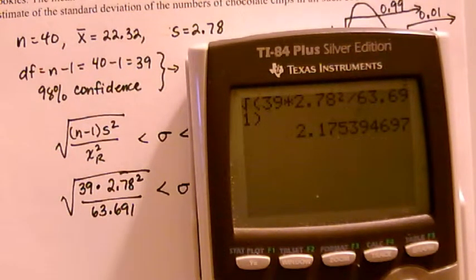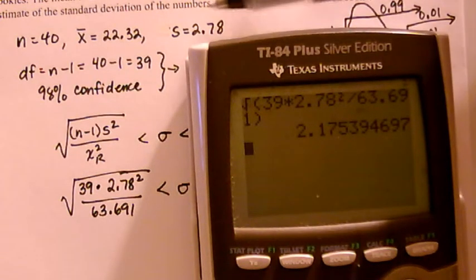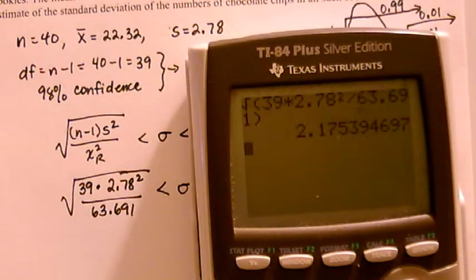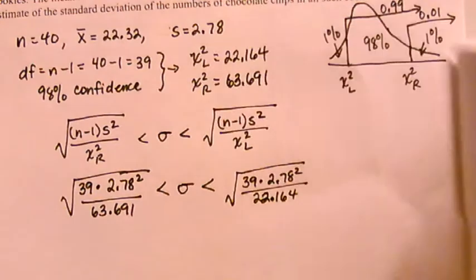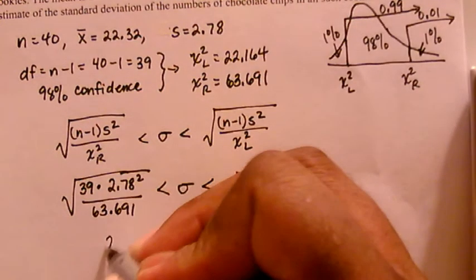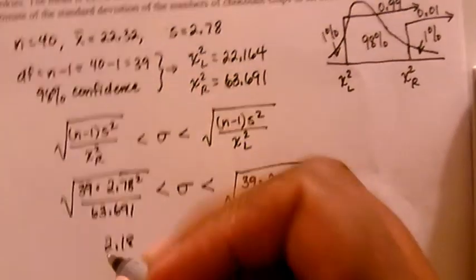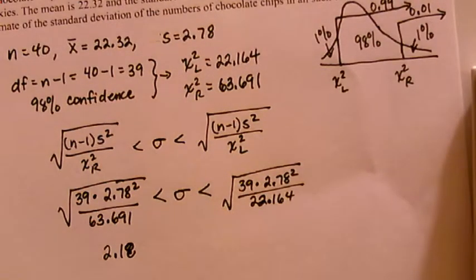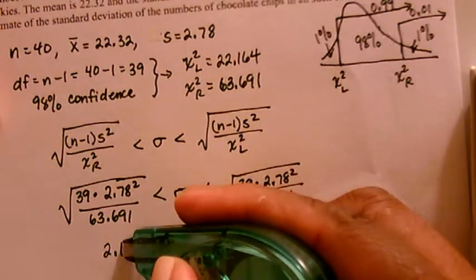Now we're going to round to 2 decimal places, because our sample standard deviation is to 2 decimal places. So this will be 2.18 for our lower limit.